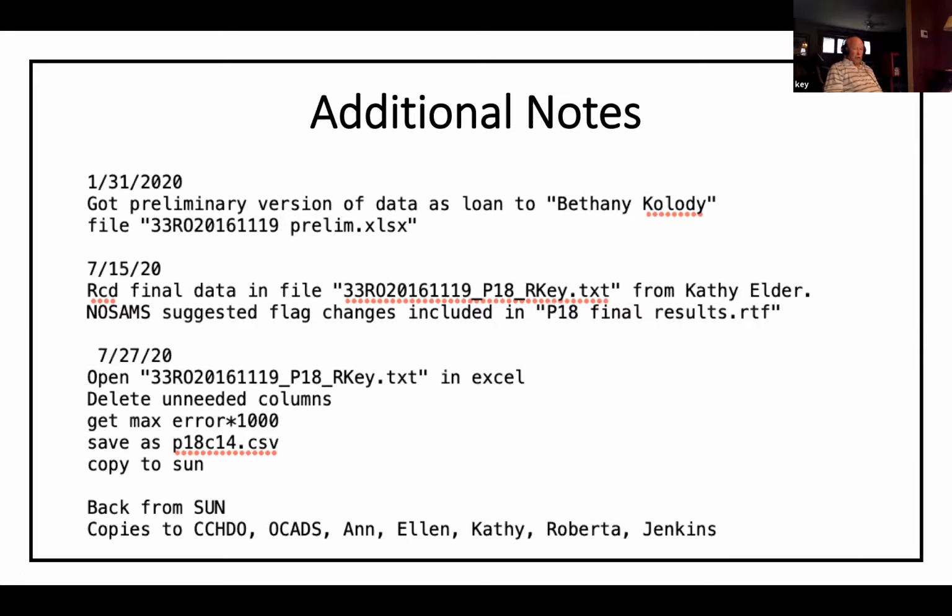Then let's see, what else did we do here? They sent the data on the 15th, but on the 27th, so it took me two weeks, I got around to working on the file, and on that same day I finished my work, and these notes say that I sent a copy to CCHDO, OCADS, and McNichol.